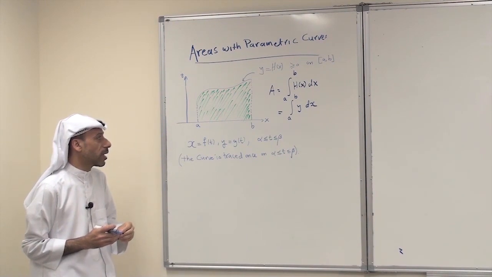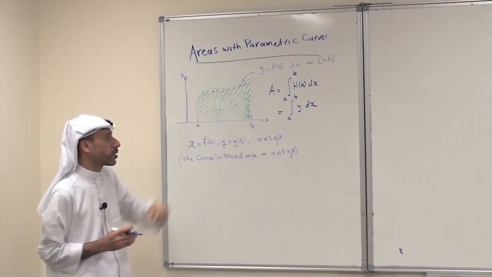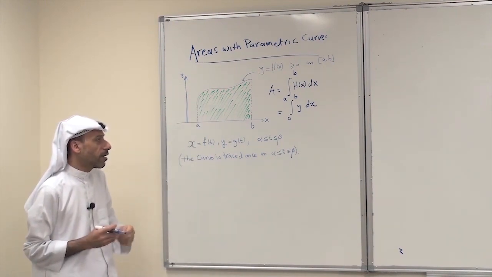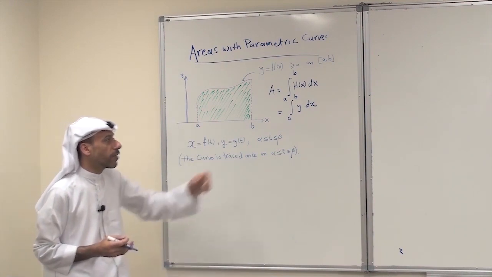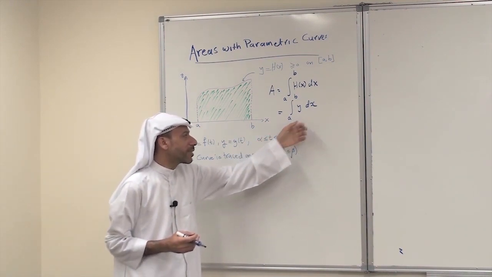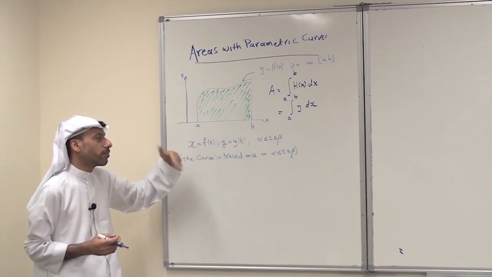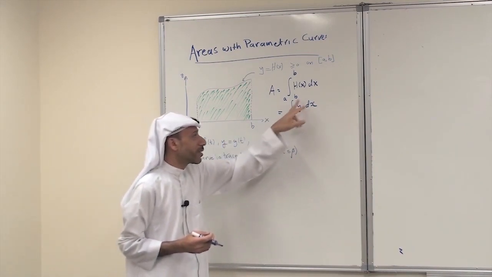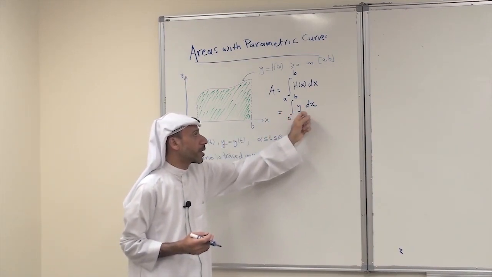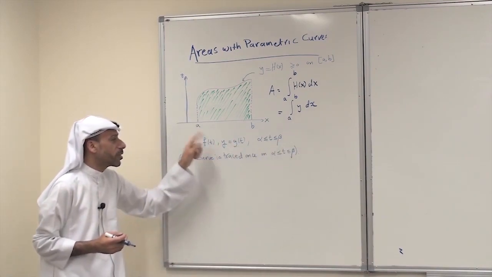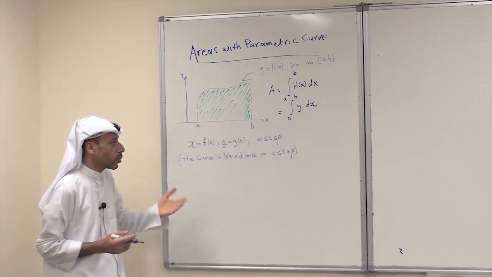Under this assumption, how do we compute the area of this region? In fact, just like Math 102, we use the same formula in parametric form, i.e. just make a substitution, replacing y and dx from the parametric equations. So we will get the following.